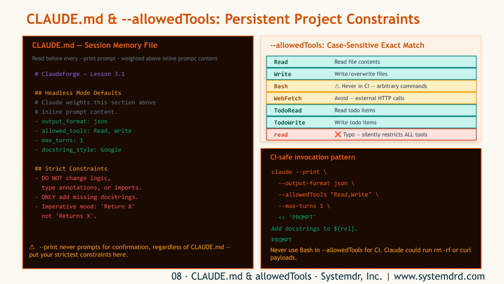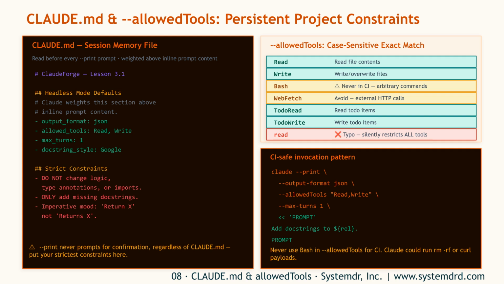The warning at the bottom of the left panel: --print never prompts for confirmation, regardless of Claude.md. There is no "are you sure" step in headless mode. That's a feature, but it also means your constraints need to be explicit. Right panel, the allowedTools table. Case sensitive, exact match.